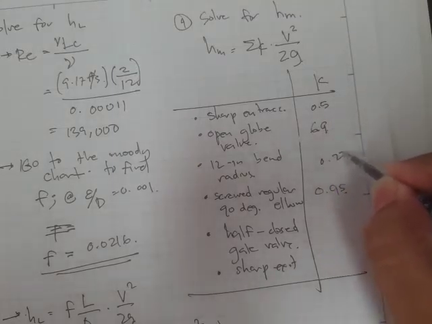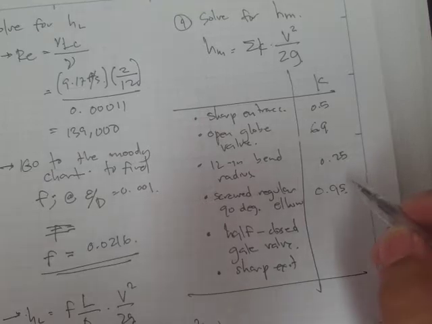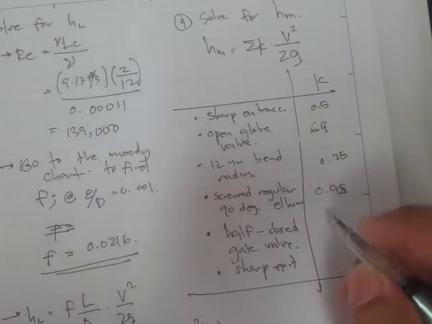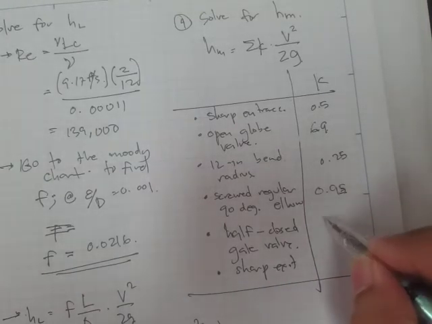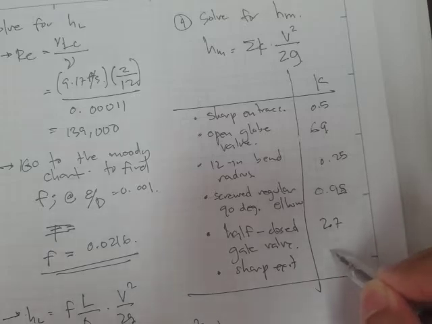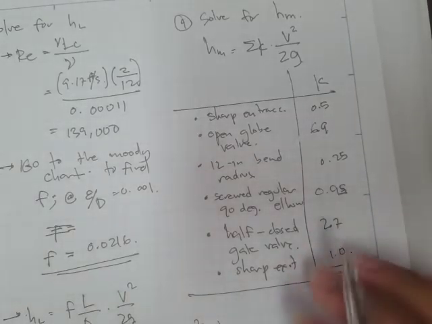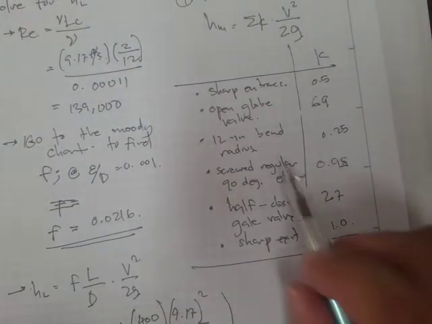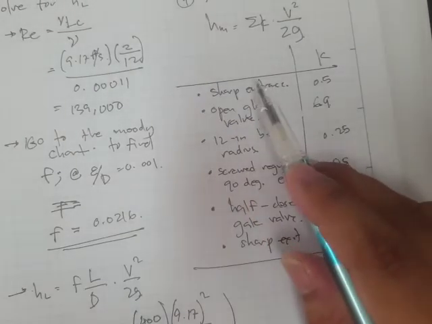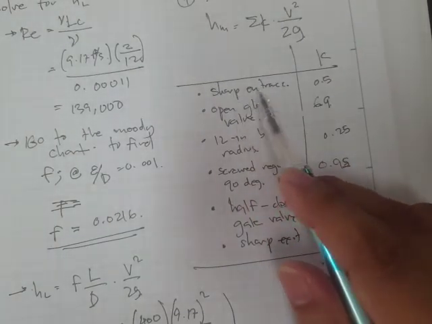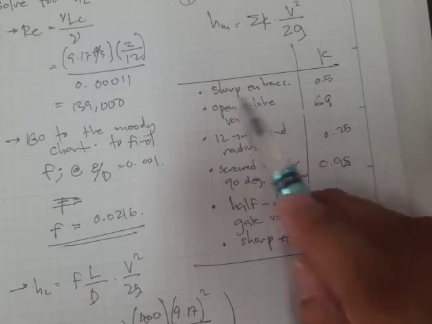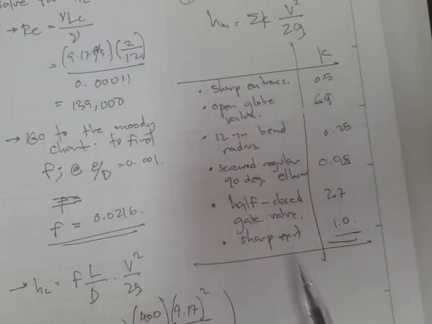Okay, but anyways, in summary, what we'll have here is 0.5, this one is 6.9, this is 0.25, this is 0.95, and the half closed valve, this is 2.7, and this is 1.0. By the way, some of these minor losses are actually obtained using equations, like for example, I guess the sharp entrance and the sharp exit.